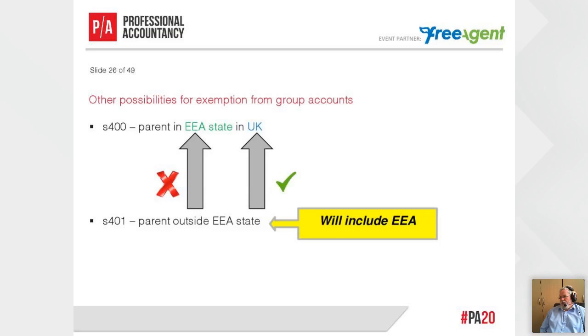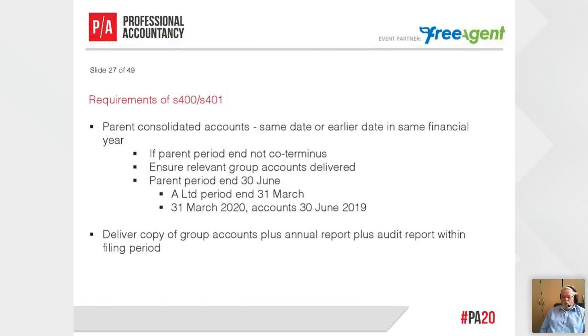So the change that's going to occur here in the future is the reference to section 400 will only be to the UK, not anywhere else in the world. Effectively, 401 will become the rest of the world as it is at the moment and the EEA. So you'll just switch effectively from section 400 to 401.